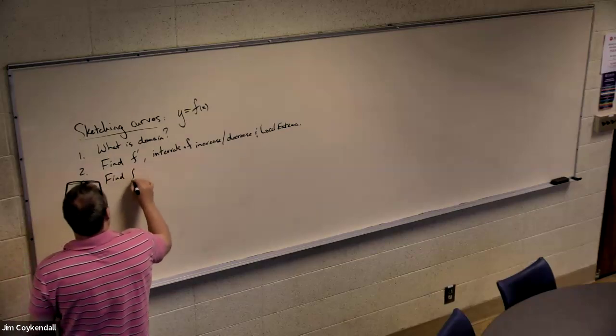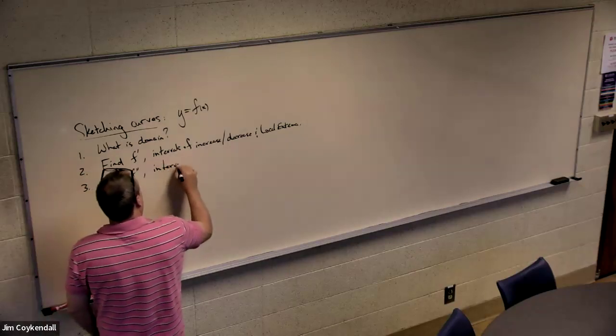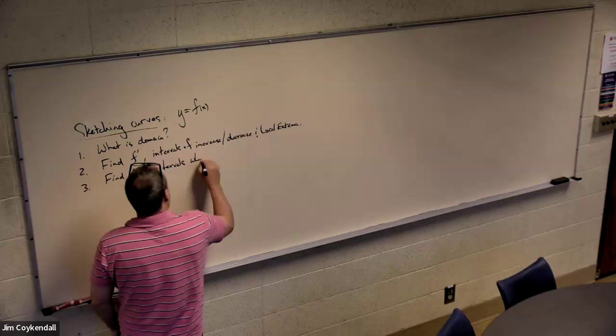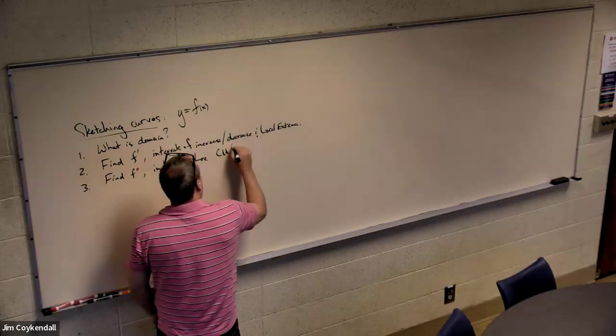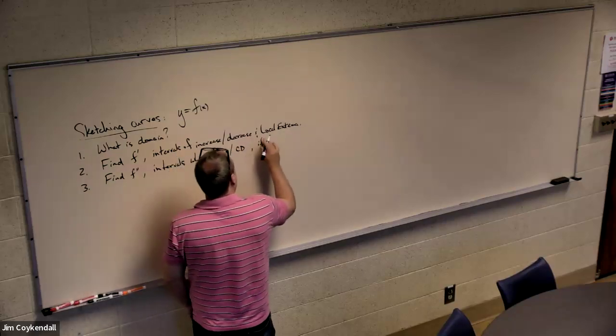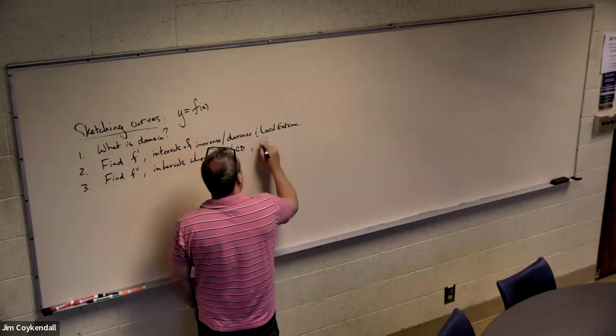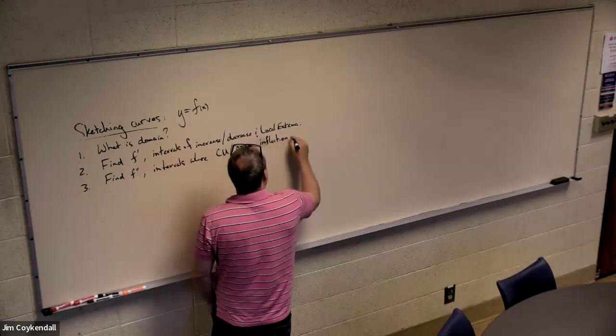Find f double prime, intervals where concave up or concave down, inflection points, and that's points where it changes from concave up to concave down, or vice versa.